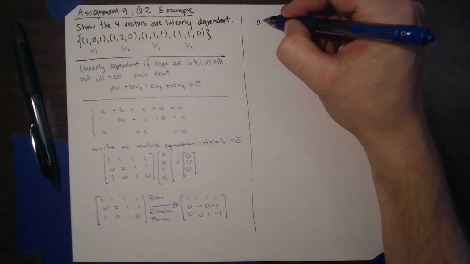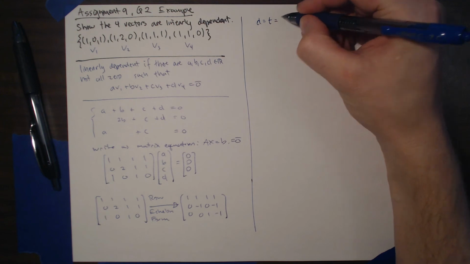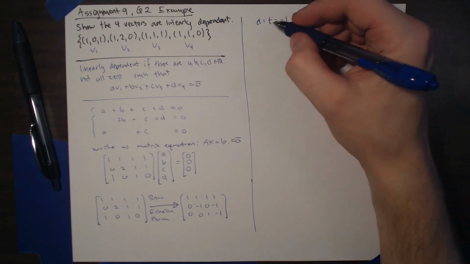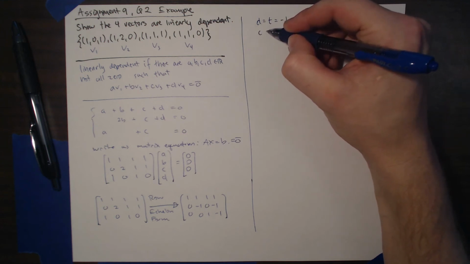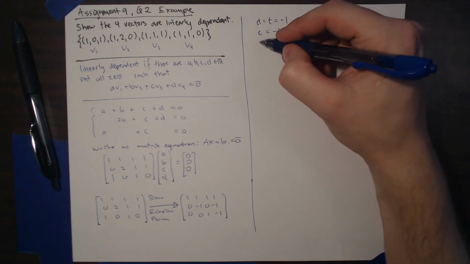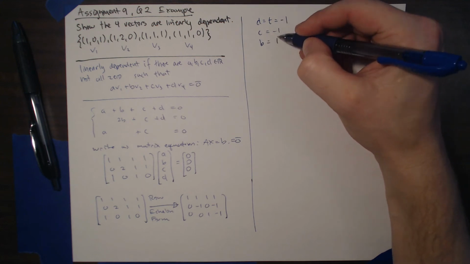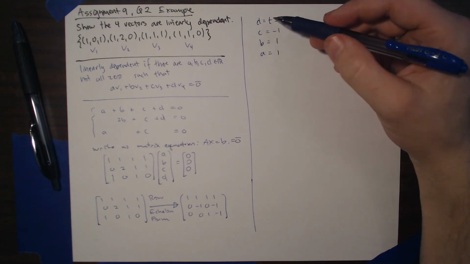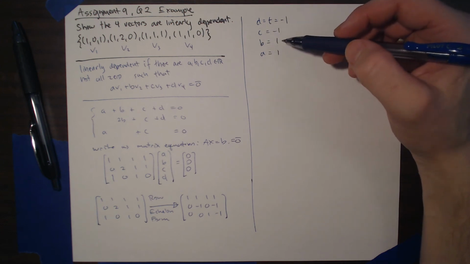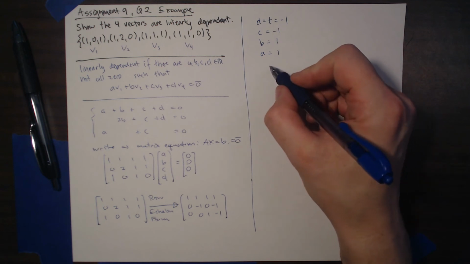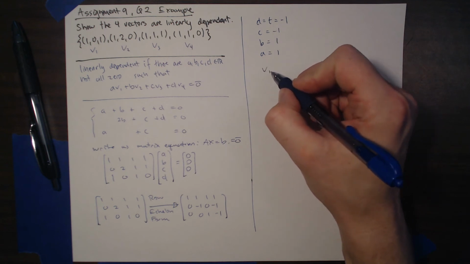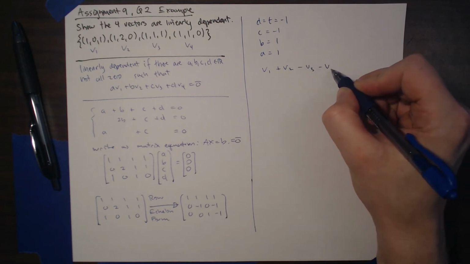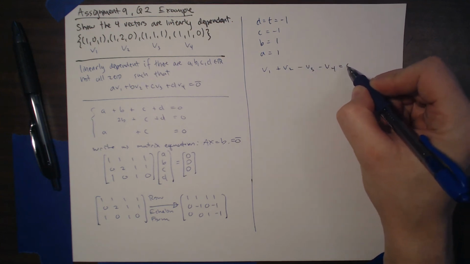So let's let d be equal to t, and we can actually let that be equal to negative 1. That will give us that c is also equal to negative 1, b is equal to 1, and a is equal to 1. So finding these, not all 0, in fact none of them are 0, this tells us that v1 plus v2 minus v3 minus v4 is equal to 0.